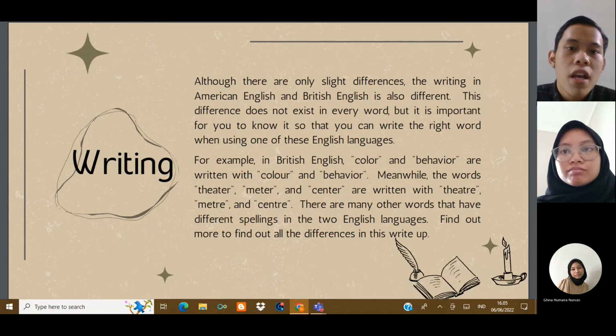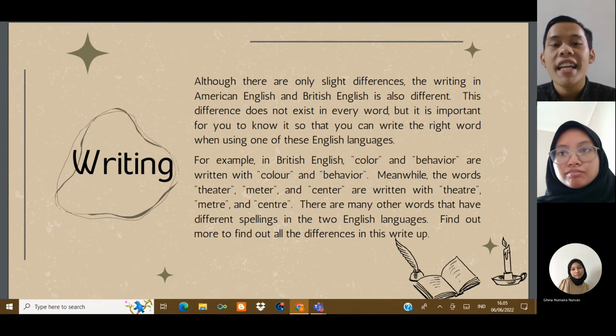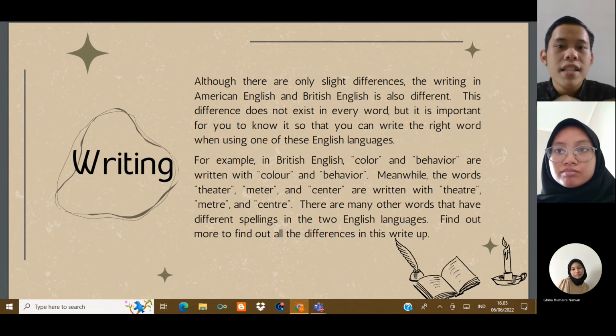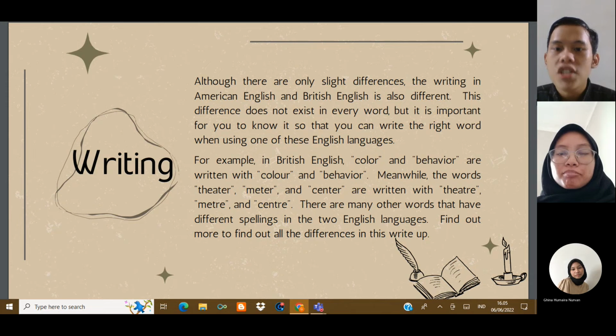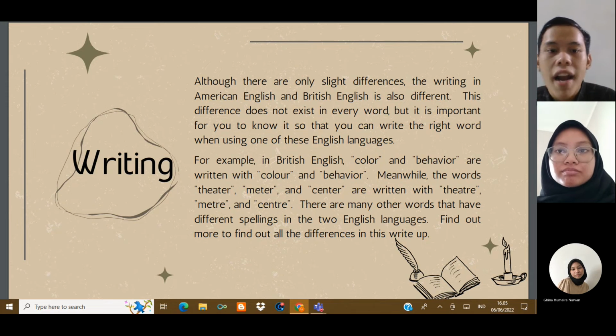Next is writing. Although there are only slight differences, the writing in American English and British English is also different. This difference does not exist in every word, but it is important for you to know it so that you can write the right word when using one of these English languages. For example, in British English, color and behavior are written with "our": colour and behaviour.